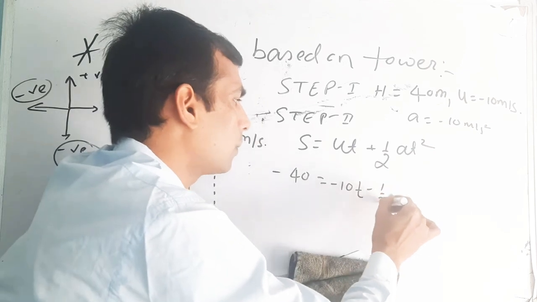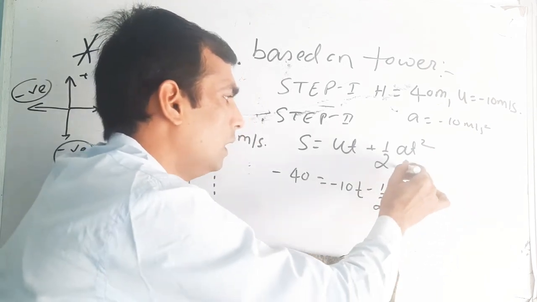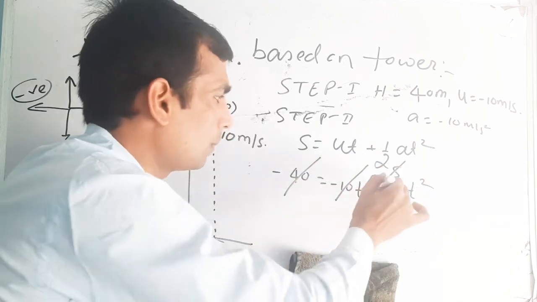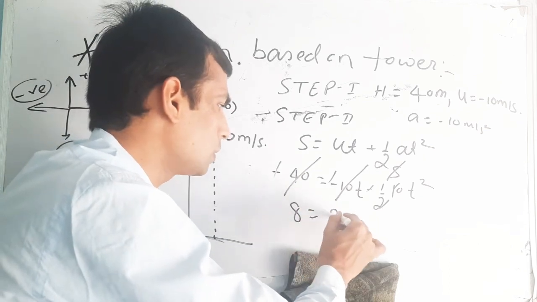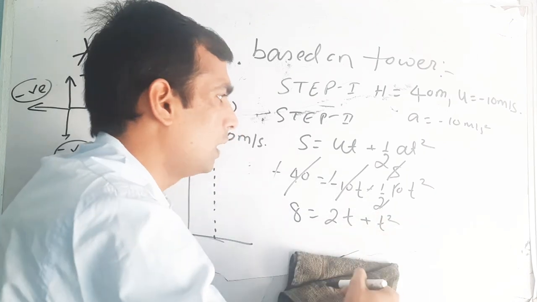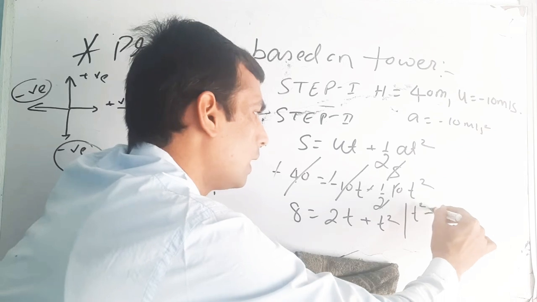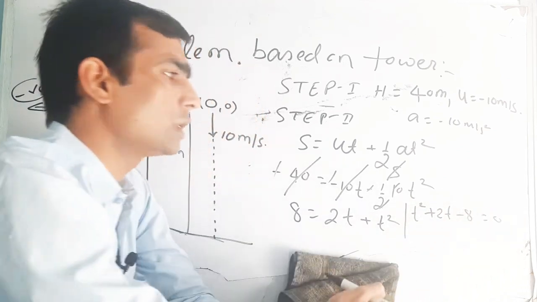So -1/2 into 10 into t square. 5 twos are 10, 5 eights are 40. Minus minus cancel each other. So this becomes 8 equals 2t plus t square, right? So basically t square plus 2t minus 8 equals 0.